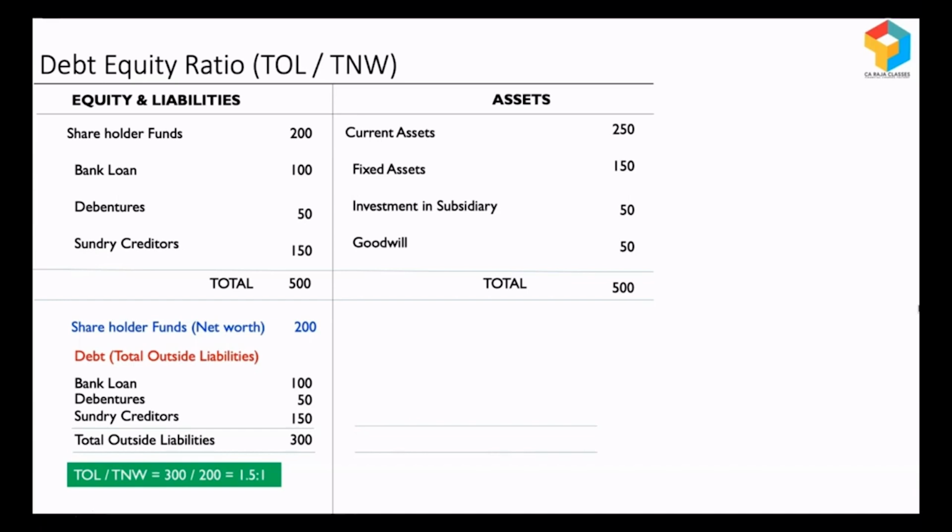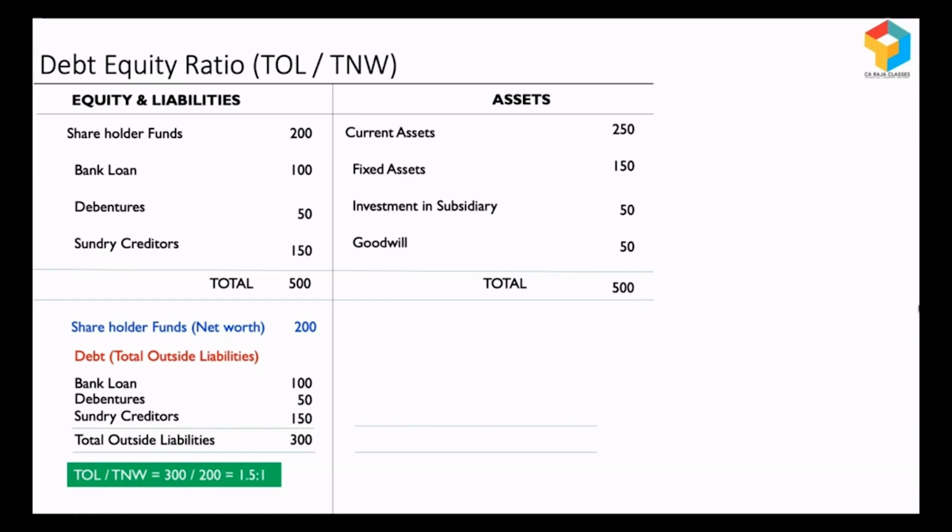It means there should be 25% contribution. Now if you look at this ratio, it is 1.5:1. It means if this business is raising 2 rupees 50 paise, of which 1 rupee 50 paise is coming from outsiders, outsiders are contributing 60% and owners are contributing 40%. So this looks like an amazing or wonderful ratio.